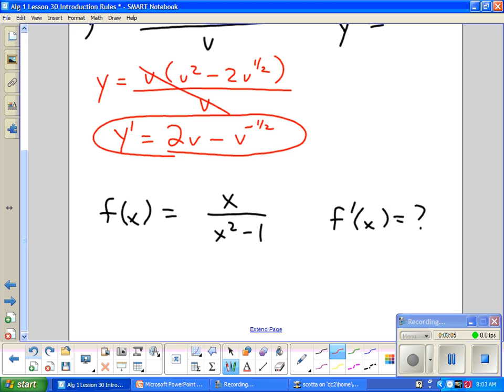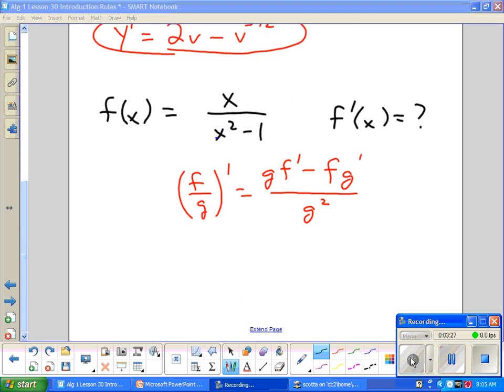So we have to remember that if you have two functions and you want to find the derivative of their quotient, I'm going to write it just like the book. All right, so everybody try this.